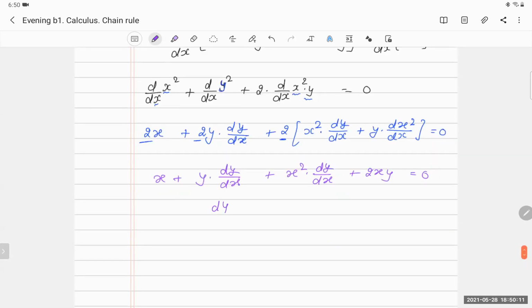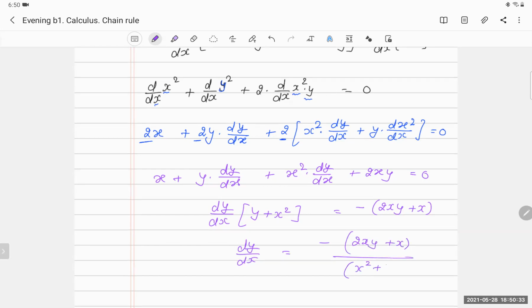Now you can do one thing. Take dy by dx common. It will become y plus x square, and the 2xy goes to the other side with a minus. So dy by dx will become minus 2xy upon 2y plus x square.